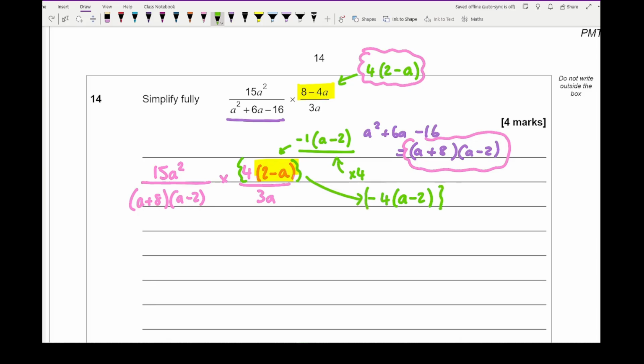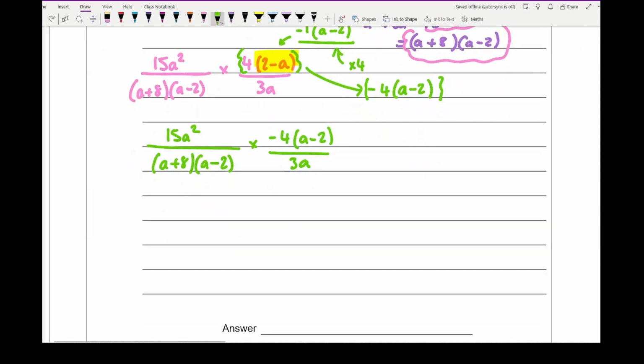So what the fraction then looks like is 15a squared over a plus 8, a minus 2, multiplied by minus 4, a minus 2 over 3a. Now from this, there's a couple of things we can simplify. More commonly, I would assume most students would multiply the numerators and multiply the denominators.